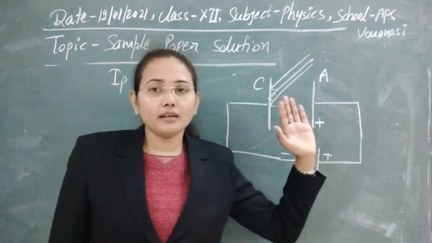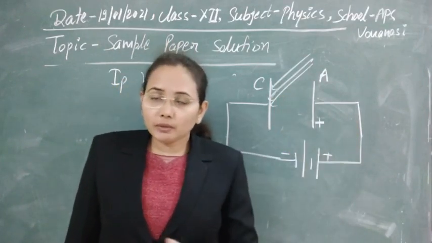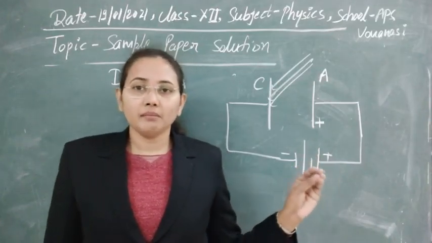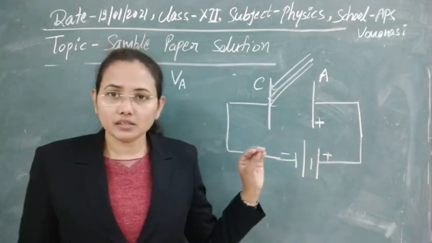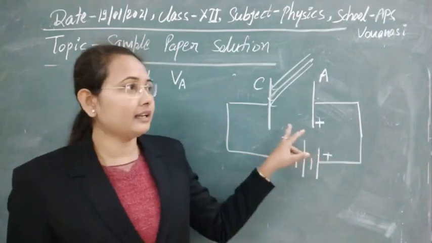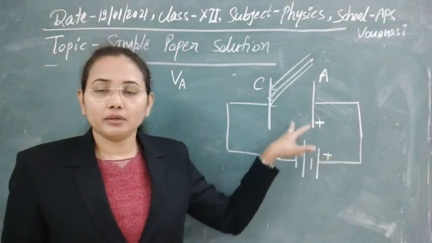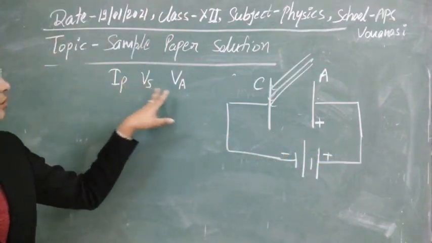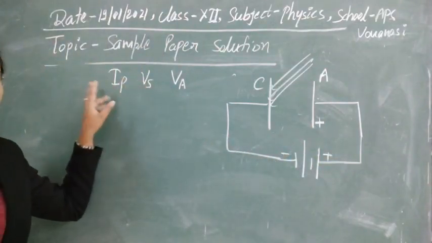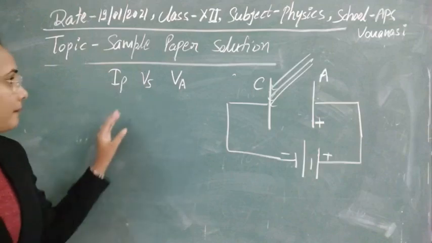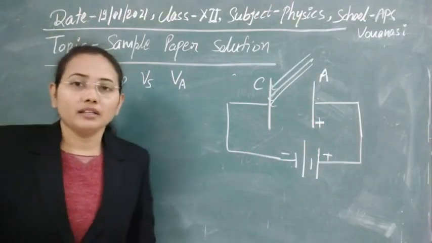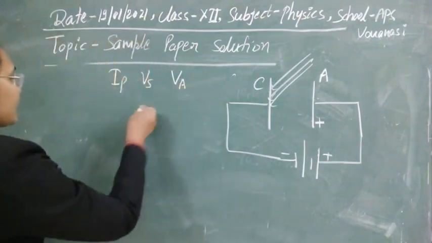In that way the magnitude of the negative potential at which current is zero will change again. Means again if you want the zero value of photoelectric current, that time the negative potential will have to be changed. So in this way we are seeing these two quantities, photoelectric current and anode potential. If you draw the graph, first of all let's draw its graph.